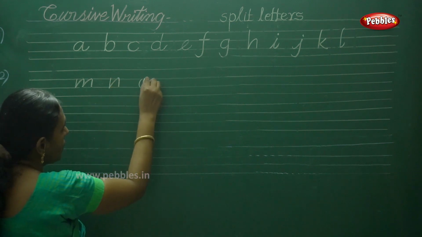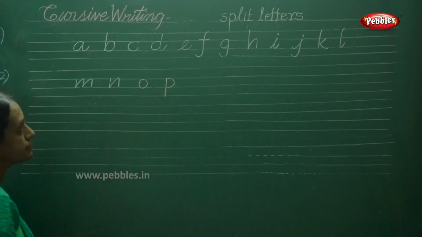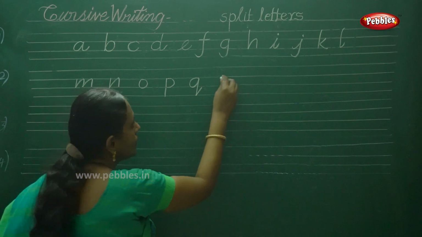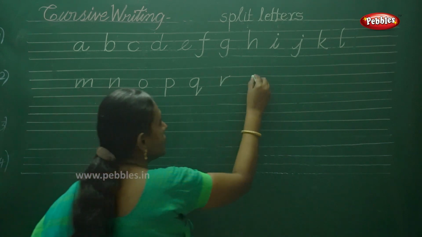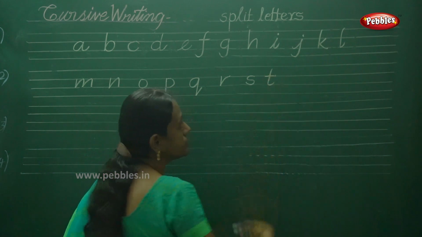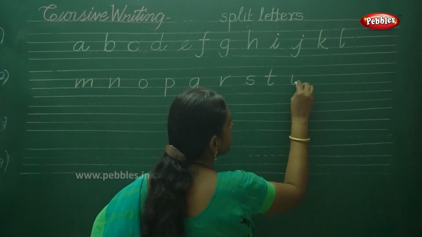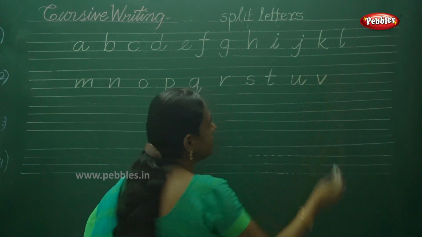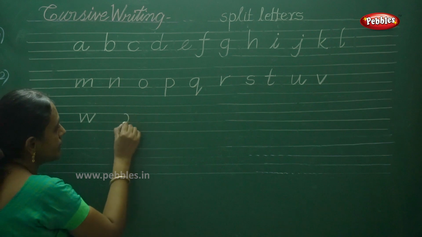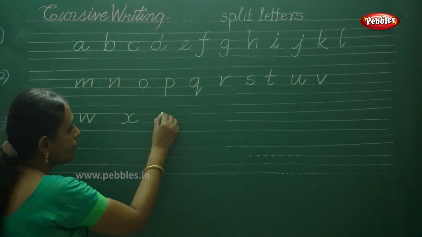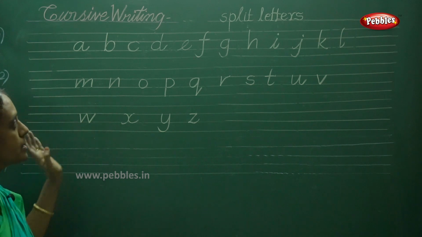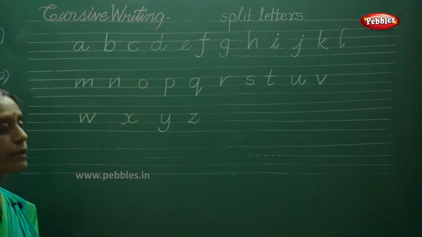Next one is O, P, okay, and Q, a simple way of Q, R, S, okay, and T and U, V, W, next X, okay, Y and Z. Okay, this is a simple way of A to Z. That's called split letters.